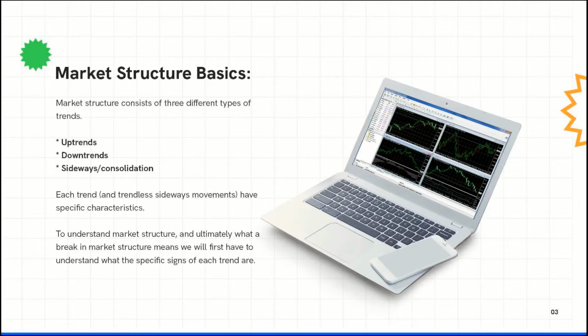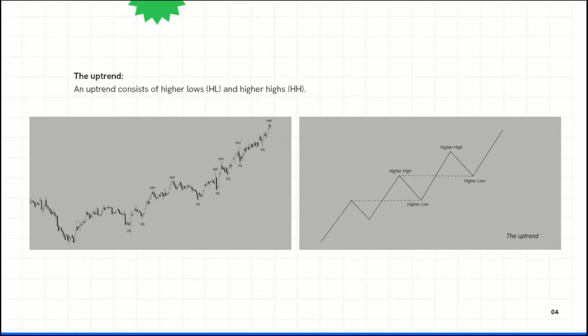Now, an uptrend consists of higher lows and higher highs. On the right hand side, we have this diagrammatic expression which shows you how an uptrend is: a higher high, a higher low, a higher high, a higher low.